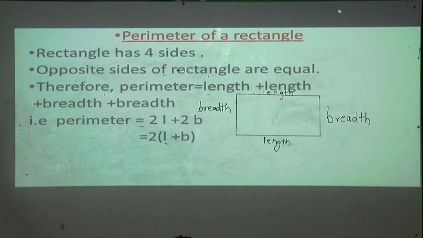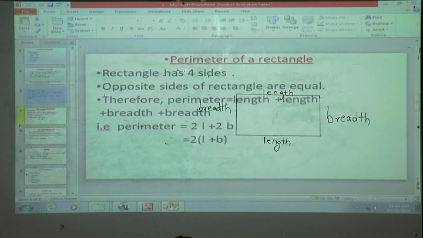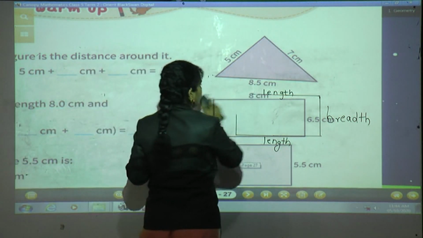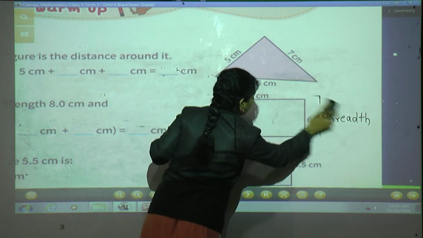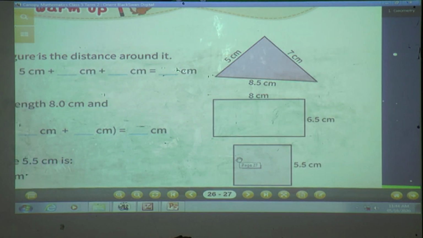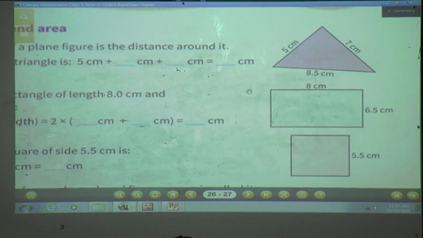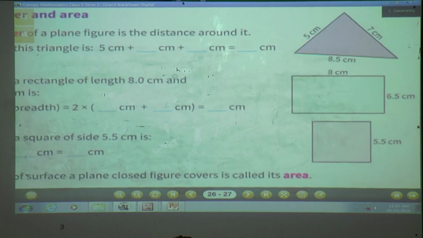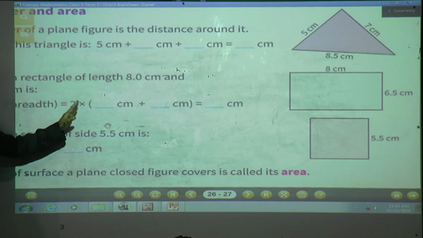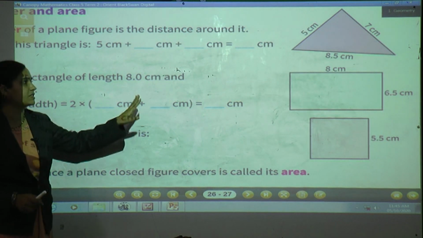So we will see the next example from the textbook. Here they have given us one rectangle with its length and breadth. Length is equal to 8 centimeter and breadth is equal to 6.5 centimeter. Our formula for the perimeter of a rectangle is 2 multiplied by length plus breadth.